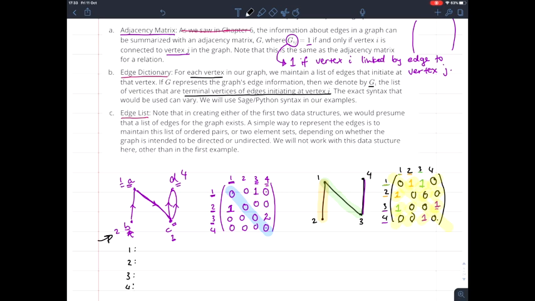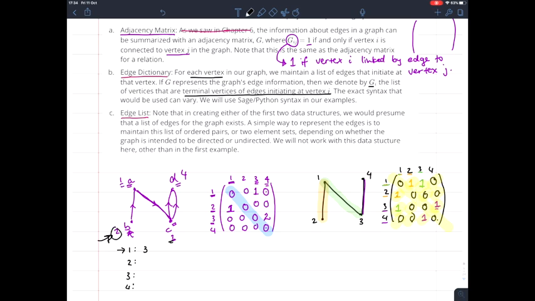And I'm thinking of 1 as the starting place for edges. So the only edge that we have here goes to 3. So we'd have 3.